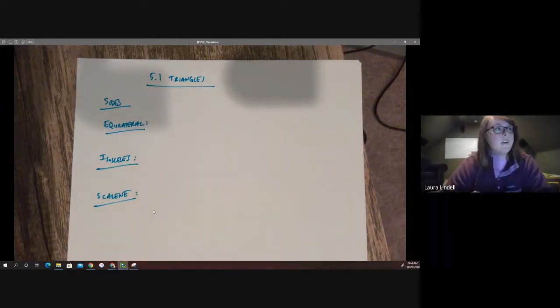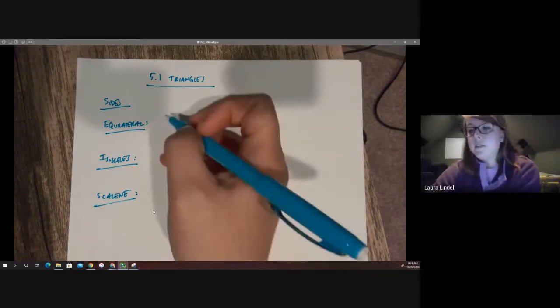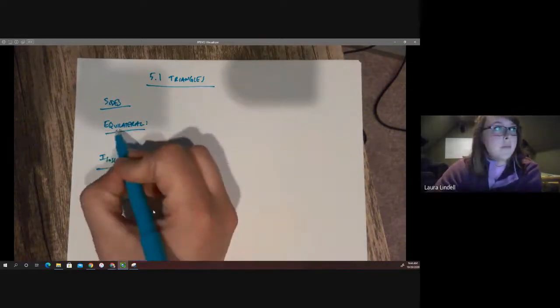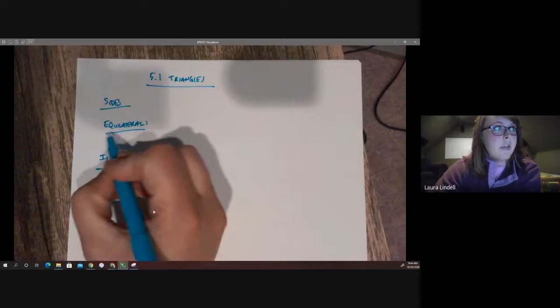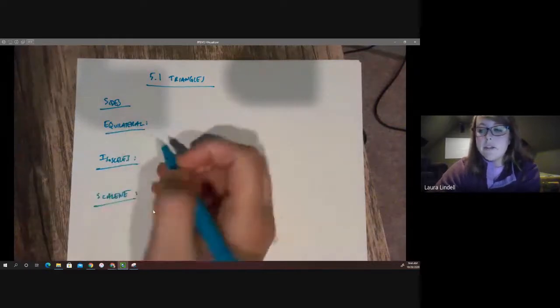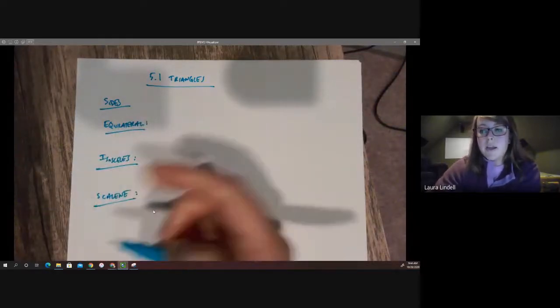Okay, so equilateral has a variation of the word equal in it, right? And then lateral is for sides. Equal sides is where that comes from.